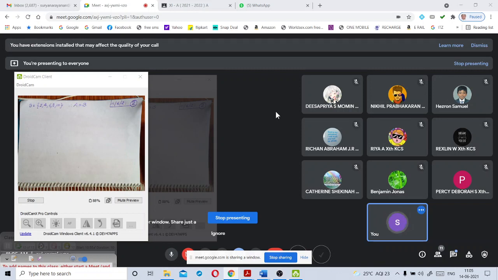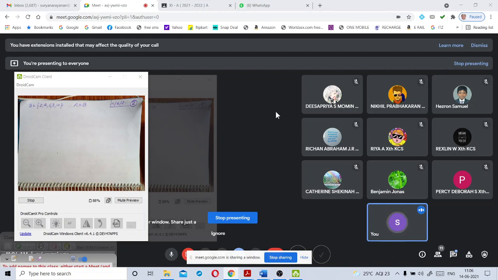Just like the above sums, equality of two sets. Here some sets are given. Out of these two sets, which pair of sets are equal? You have to identify. Can you identify which pair of sets are equal?